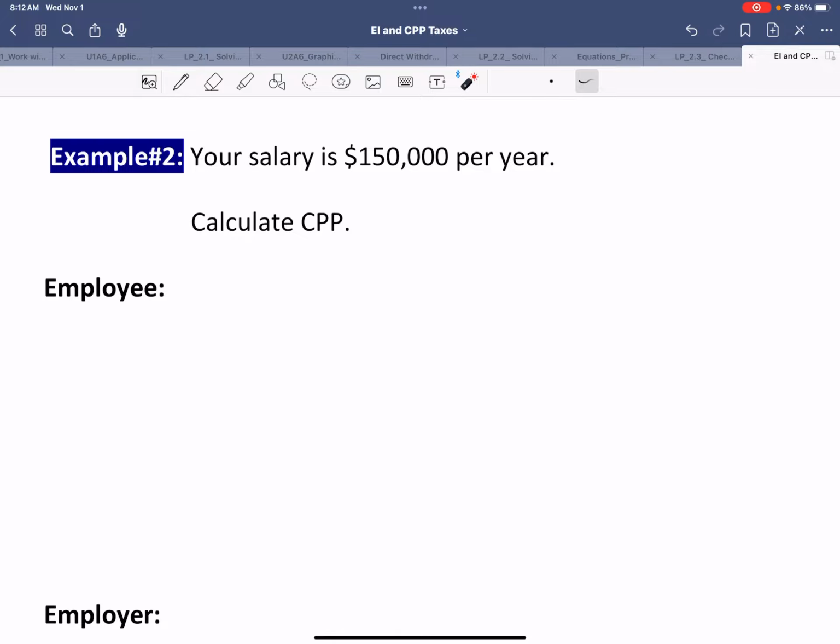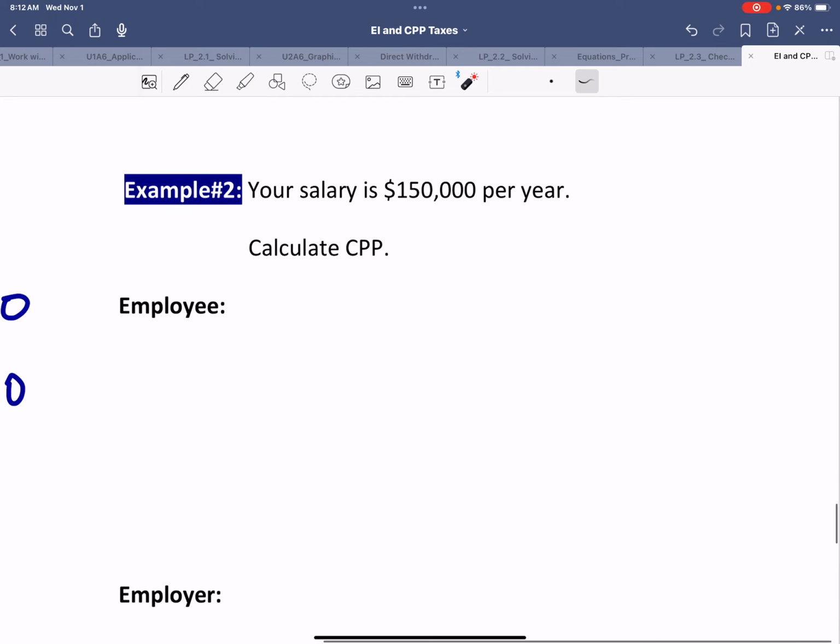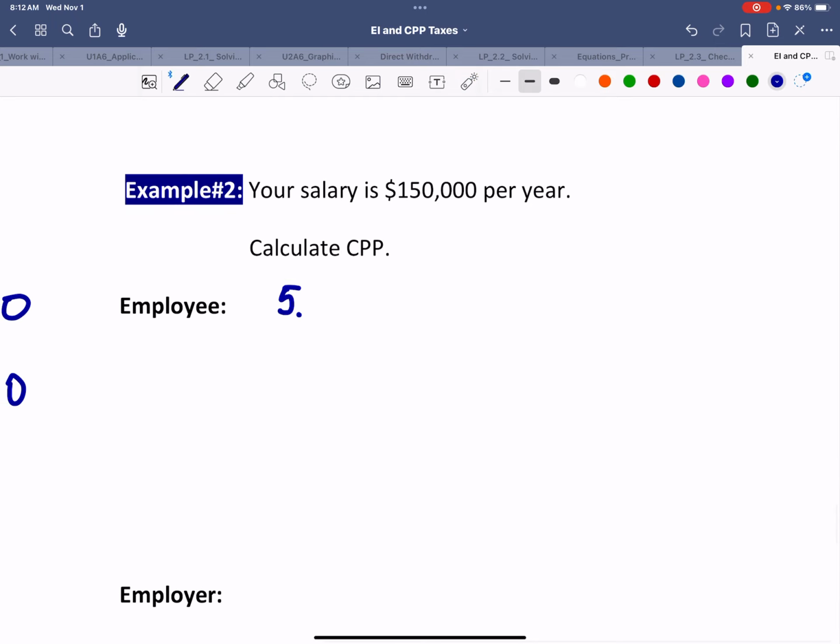You make 150K a year. Calculate CPP. So you're going to say, 5.95% of $150,000 will tell me exactly how much I have to pay.